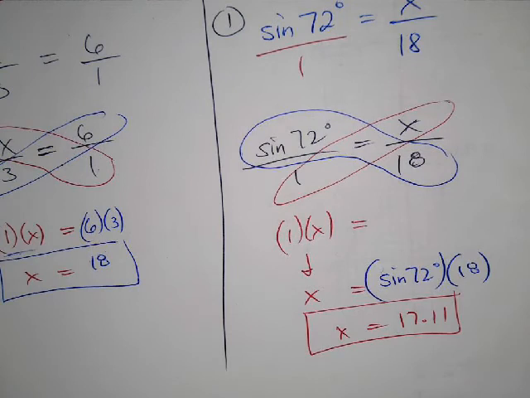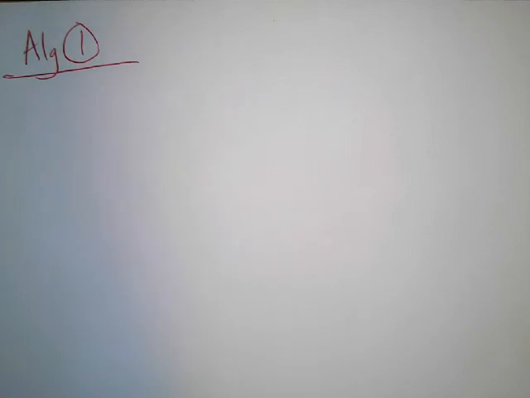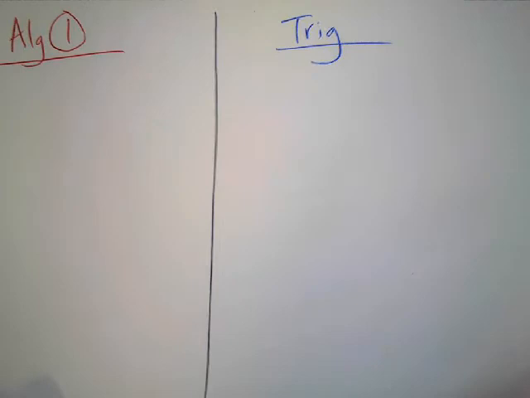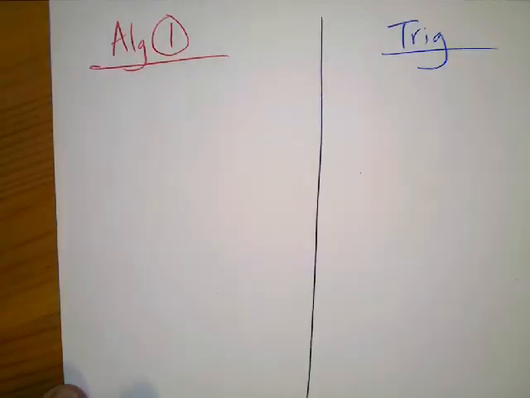Same thing here. Okay, now I'm going to show you what you're going to see for today's assignment. For today's assignment, here's what it's going to look like in an algebra 1 proportion kind of problem. And then over here, I'm going to show you what it looks like with the trigonometry.